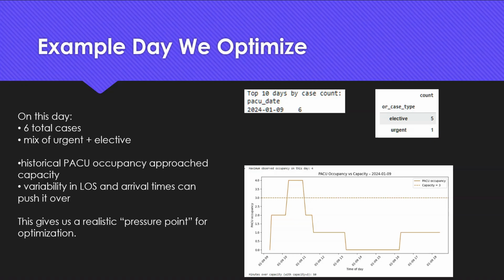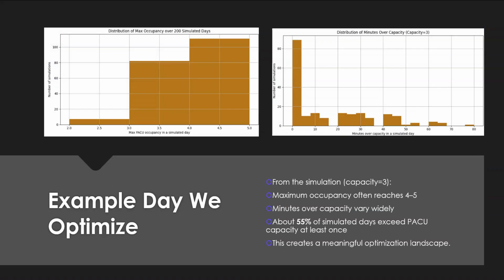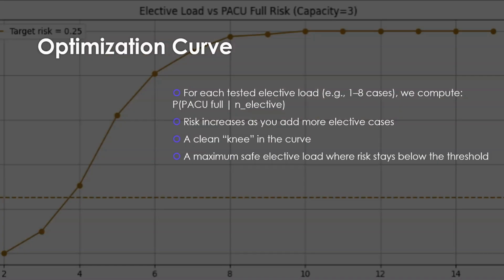Gives us this sort of realistic pressure point to work against, to try to optimize given what we have in our system. We also did some basic simulation to say, with that schedule, how often are we at different capacities for the PACU, and how often is our time over capacity, within what range. So you saw this from last time. Here's where we move on to with this approach.